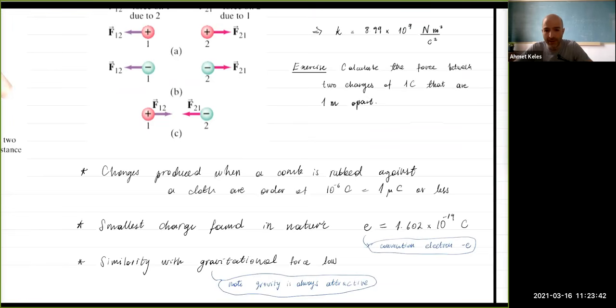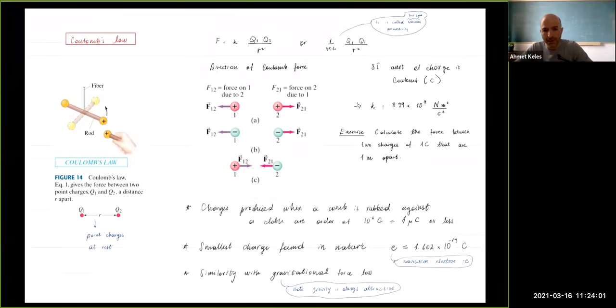Gravitational force is always attractive. There is no case where you can get a repulsive gravitational force between any kind of thing. But with electric charge, there are 2 cases: a case with attractive force, and a case with repulsive force. Okay?